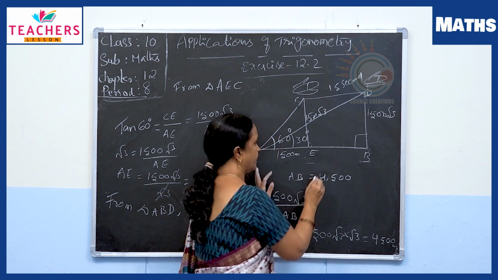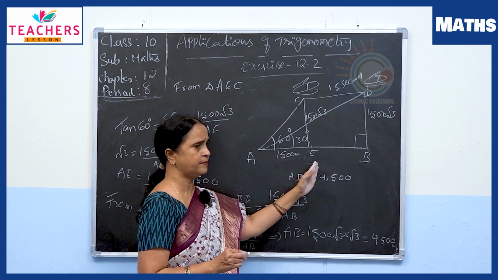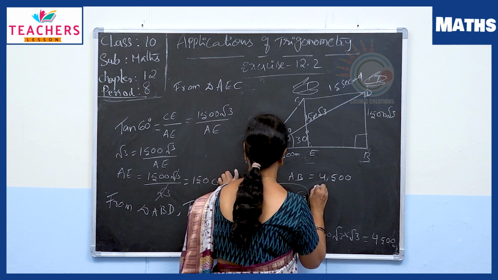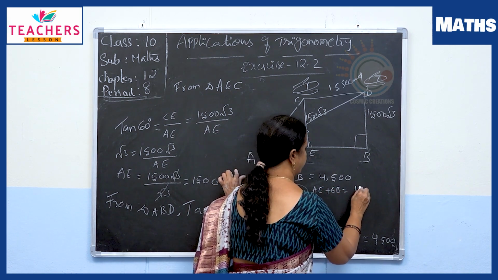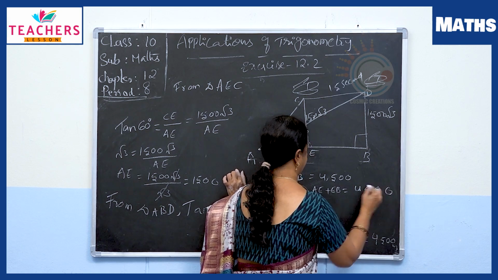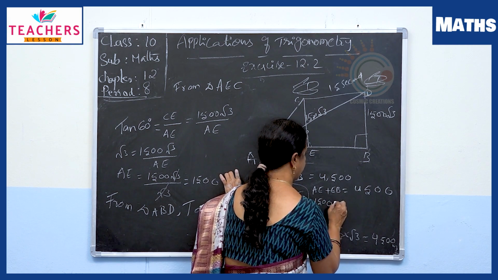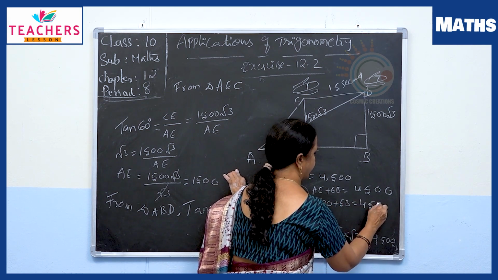AB. We need EB. AE we know, 1500. AB is nothing but AE plus EB, which is equal to 4500. Now AE 1500 plus EB is equal to 4500.